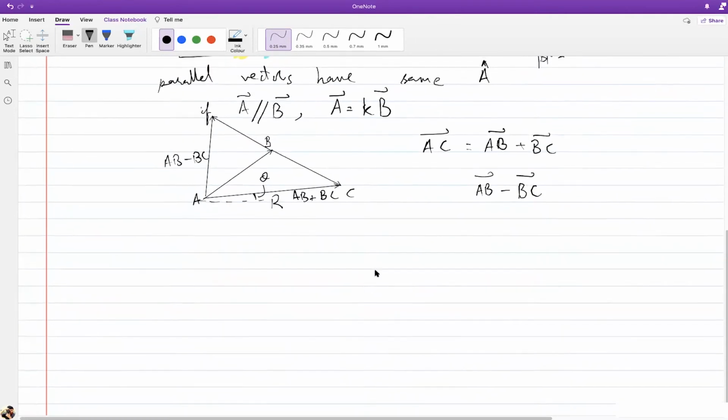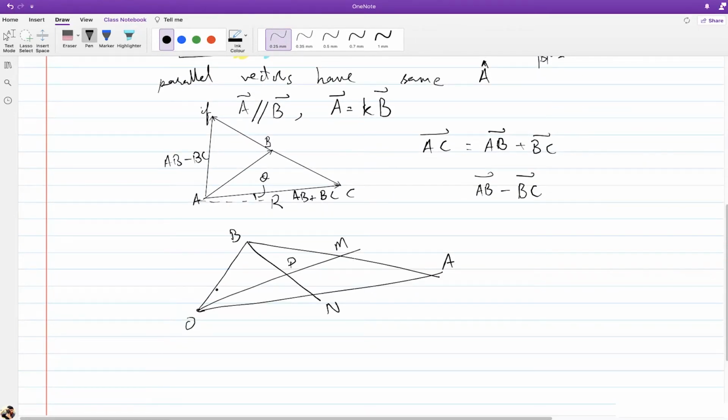So let me give you a diagram. Now they're saying that OA is A and OB is B. Okay. Then M is midpoint of AB and N is midpoint of OA. Okay. Sorry, it's saying N is in a way that ON is 1/3 of AB.